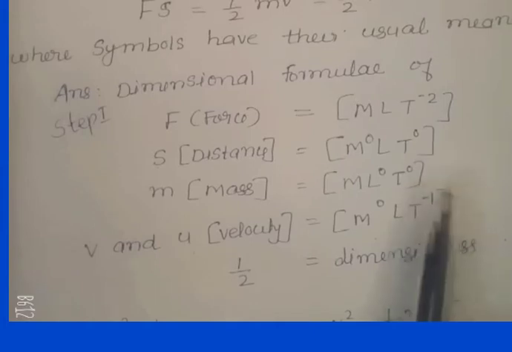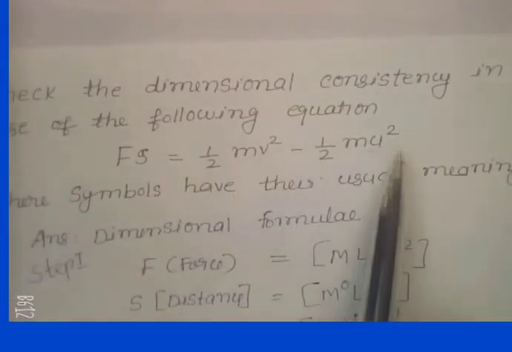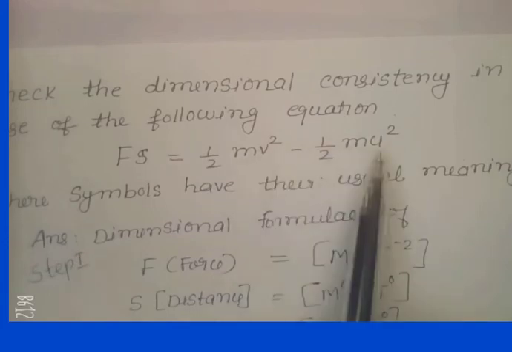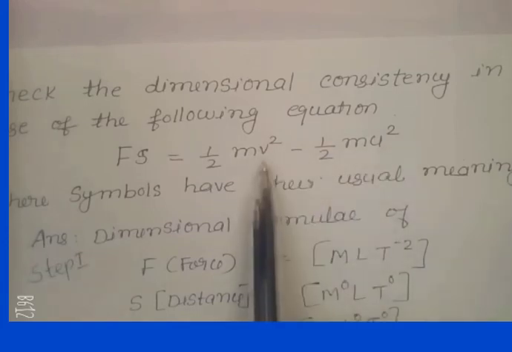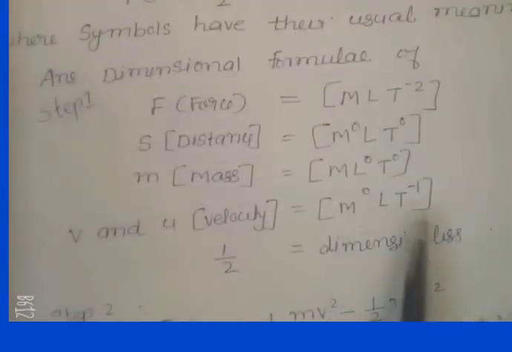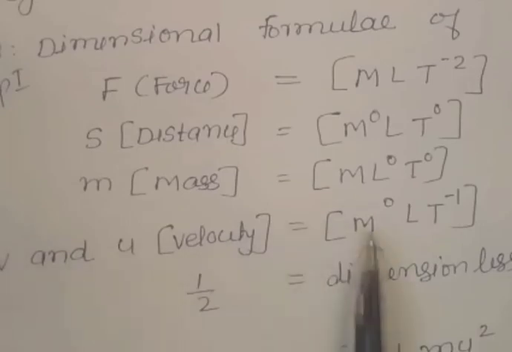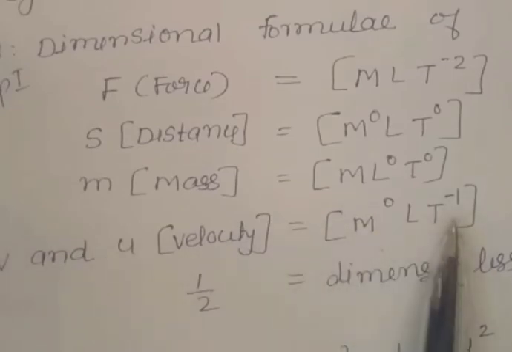Then in the given equation there are two terms, half mv square minus half mu square. What are V and U? V means final velocity and U means initial velocity. Velocity has the same dimension whether it is final or initial. The dimension is M^0 L T raised to minus 1.